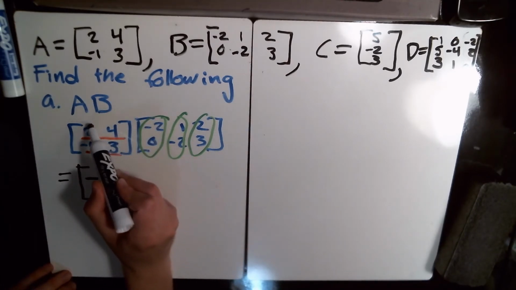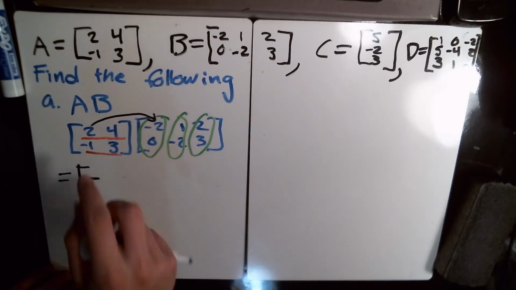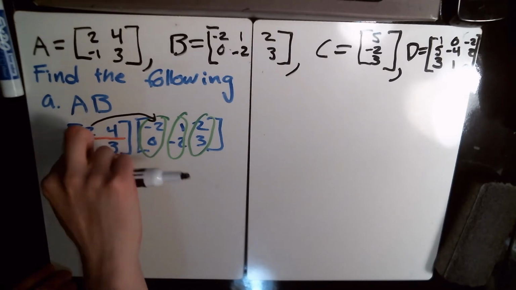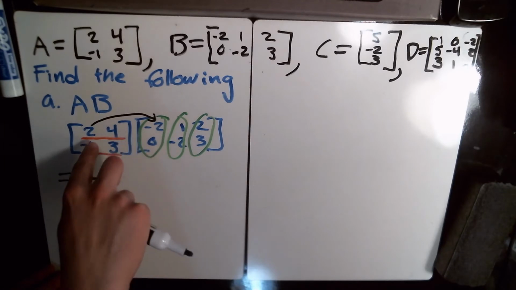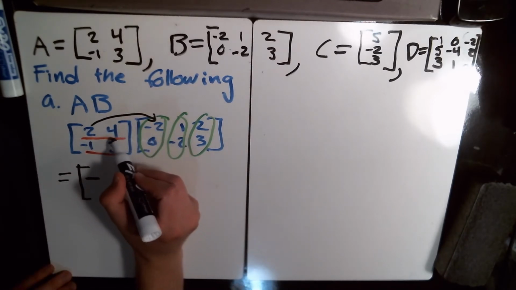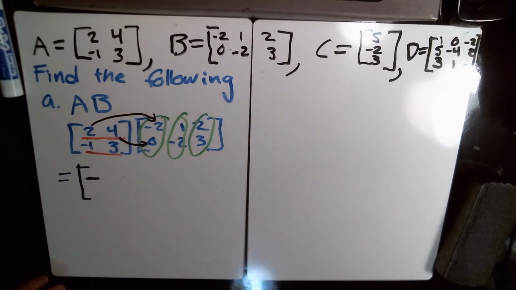So I take the 2 and times it, because if you flip this to be a vertical vector, this one's after this one, so it would be on the bottom. So the 2 times the negative 2, and then the 4 is on the bottom, to the left of it, so it's going to be times the 0, and then you just add those two together.